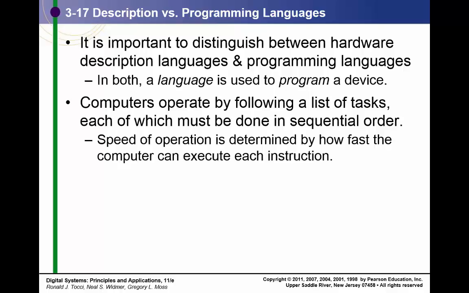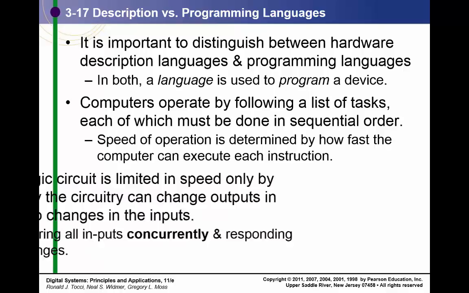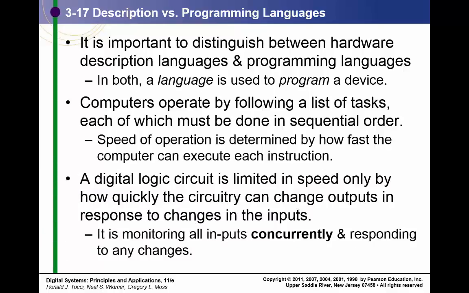With VHDL, things are typically done simultaneously or concurrently. So we have this concurrent monitoring of all inputs and responding to any changes. So we can have multiple things occurring at the same time. And in digital circuits, programmable or hardware description languages usually equate down to hardware.